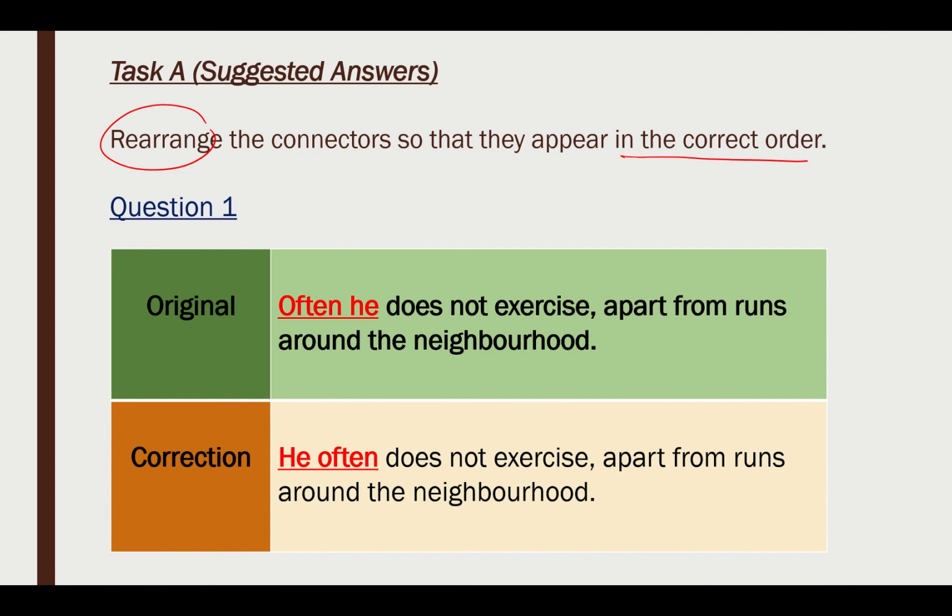The question says, "Often he does not exercise apart from runs around the neighborhood." The correct answer should be, "He often does not exercise apart from runs around the neighborhood." Did you get that correct? If yes, give yourself a pat on the shoulder. Well done.